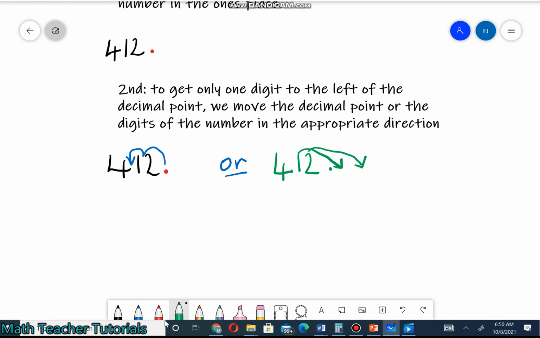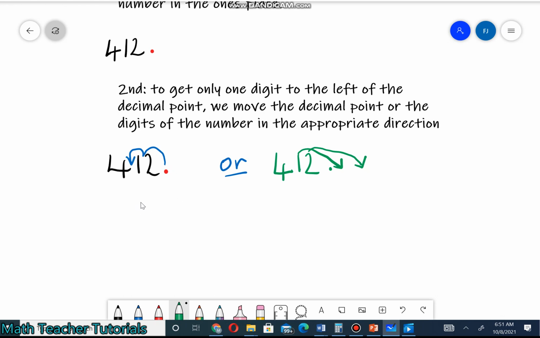So in this case, the 2 was closer to the decimal point before we moved it, and now when we moved it, it will be farther away from the decimal point. The 1 was further away before we moved the digit, and now it will end up being closer to the decimal point. So this will leave us with 4.12.